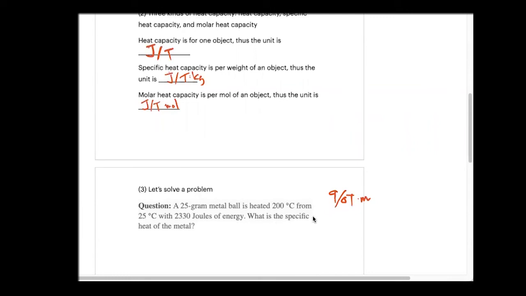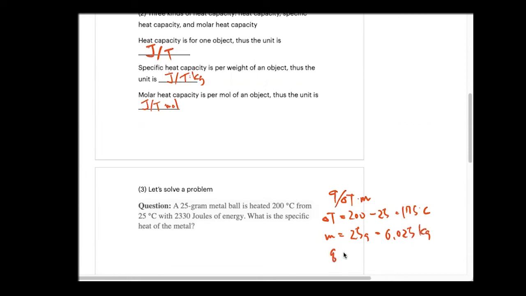And here, delta T equals 200 minus 25, so it's going to be 175 Celsius degrees. And the mass is 25 grams. I always like to convert these to kilograms, so this is going to be 0.025 kilogram.